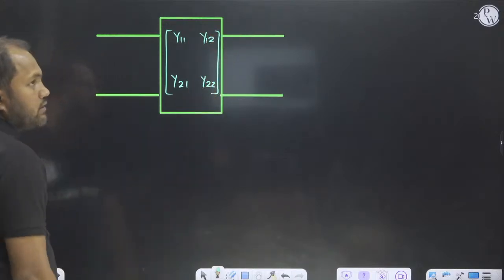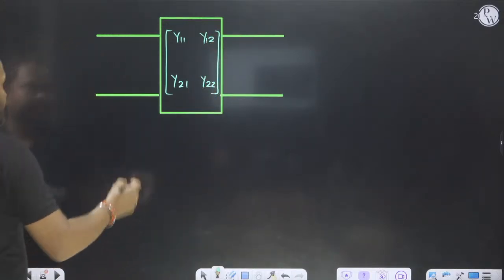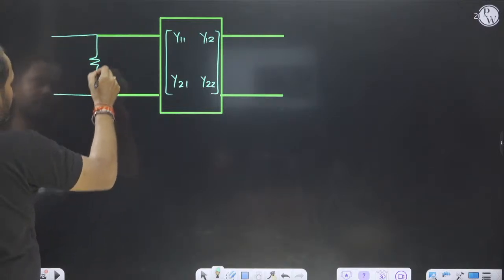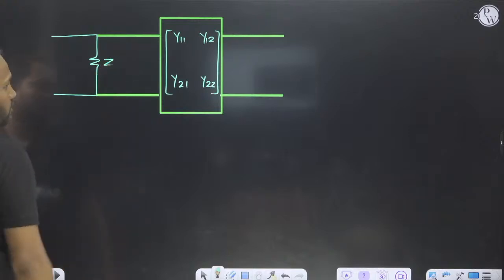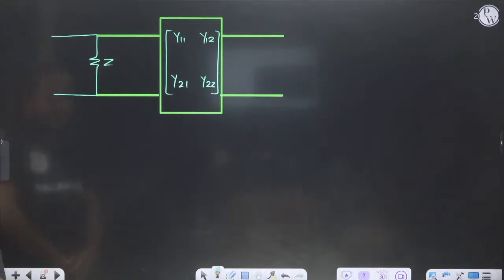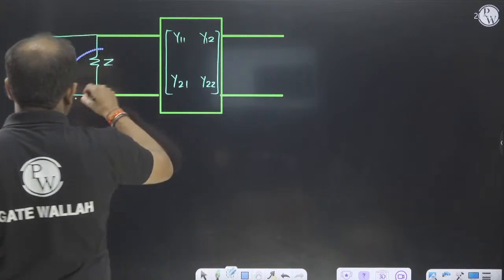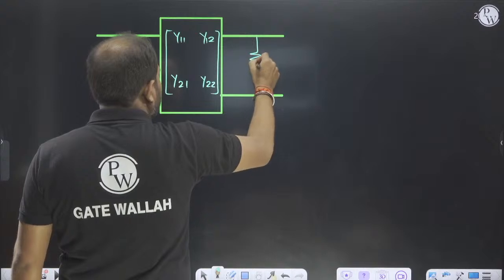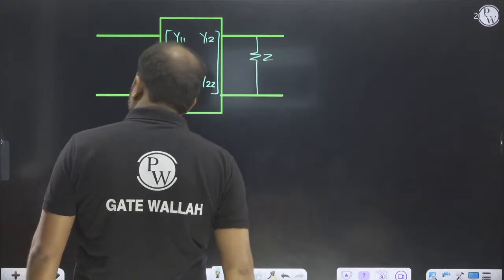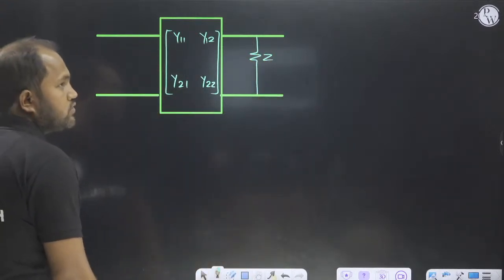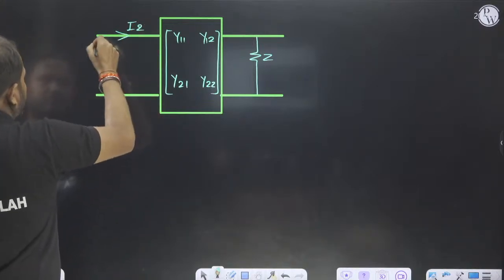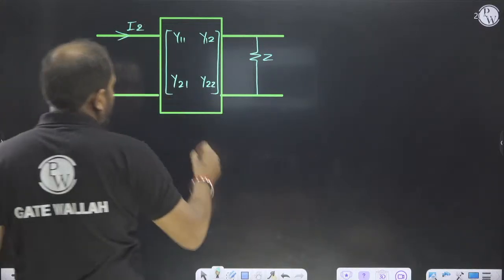Yes sir. And there is a resistance in parallel whose impedance is Z. They are going to ask what is the Y parameter if there is a resistance in parallel. So the new Y parameter will change.